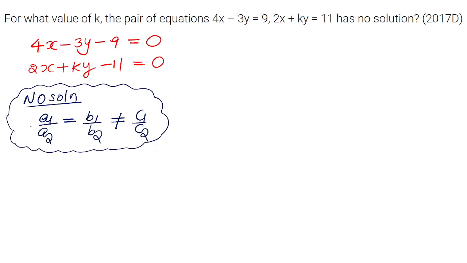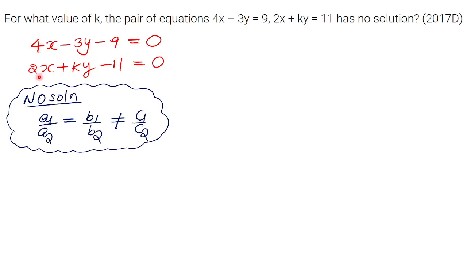Actually, three cases we studied. So a1 by a2 equal to b1 by b2 not equal to c1 by c2 is the condition for no solution. No value for x and y. a1 by a2 means the first ratio, b1 by b2 is the second ratio, c1 by c2 is the third ratio.